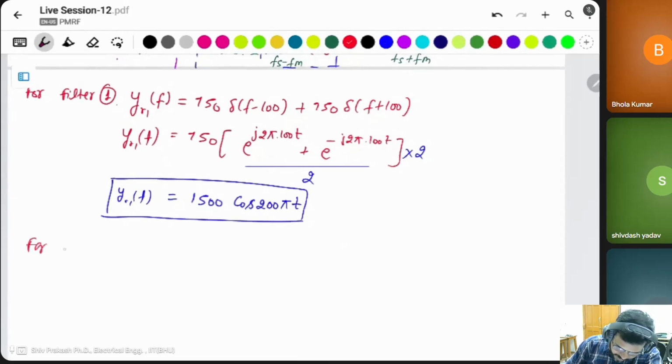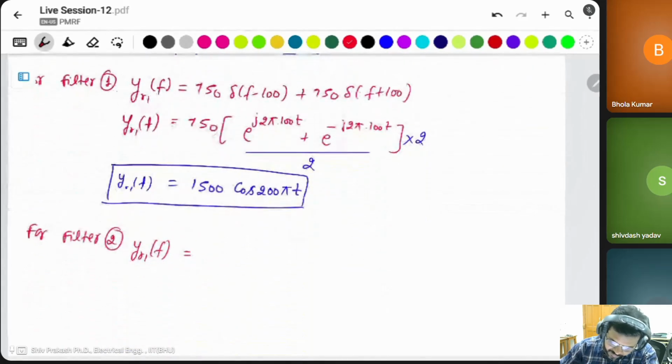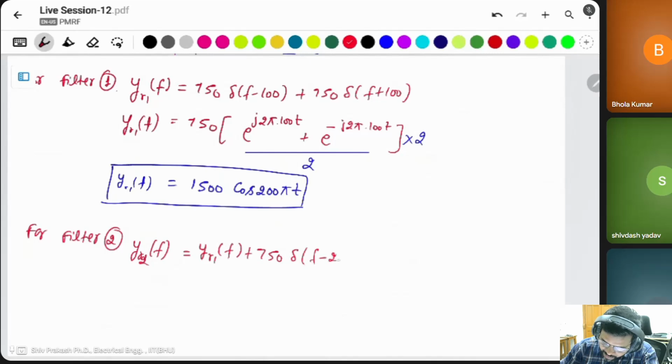For the filter second, in the filter second, filter first output is, and then this 2 also is there. First one plus second one 750 del f, this will be available at frequency of 200, 750 del f plus of 200.